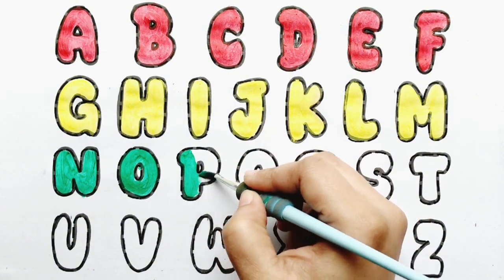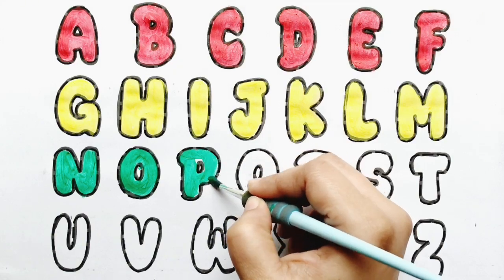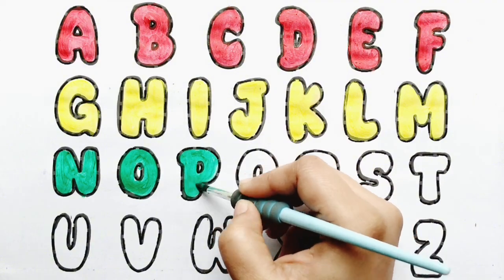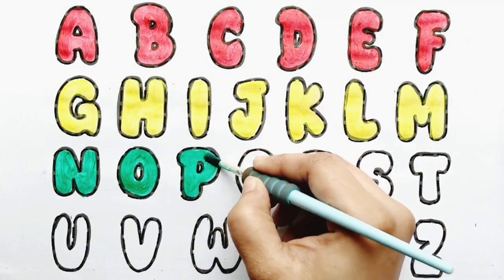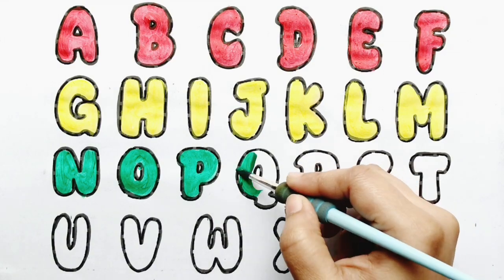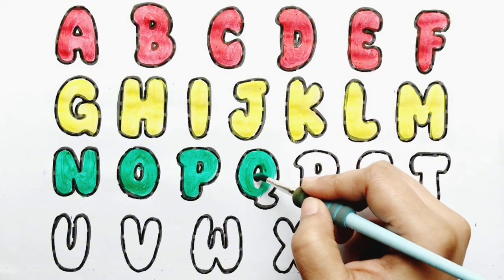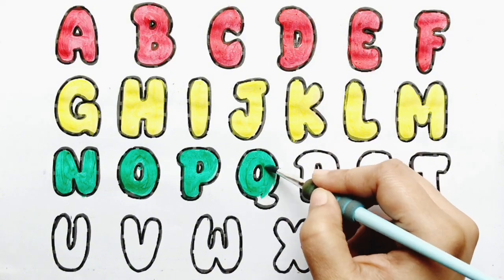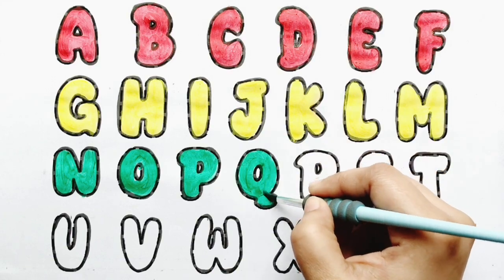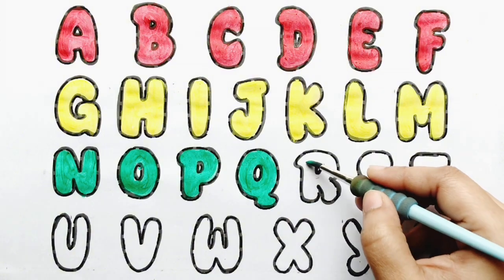P for Peacock. Let's see a list of words that start with the letter A. Apple, angel, address, animal, answer, April, autumn. Q for Koi. Airplane, arrow, alligator, ant, amazing.